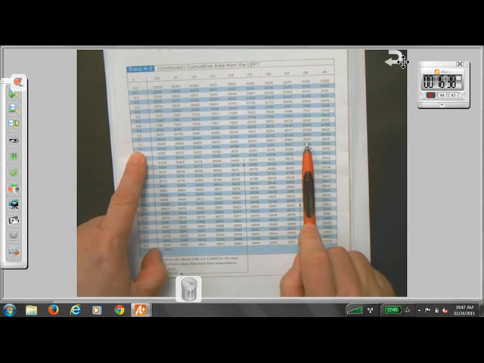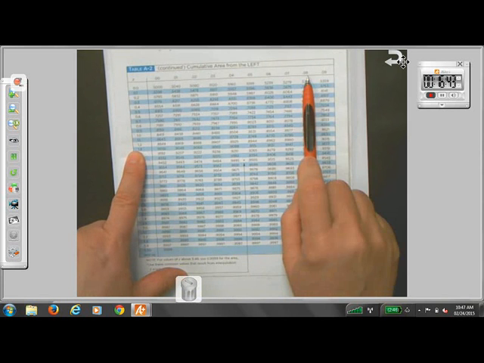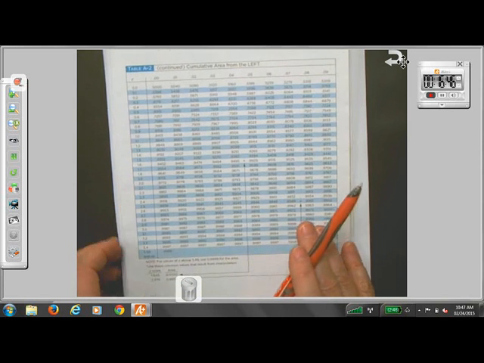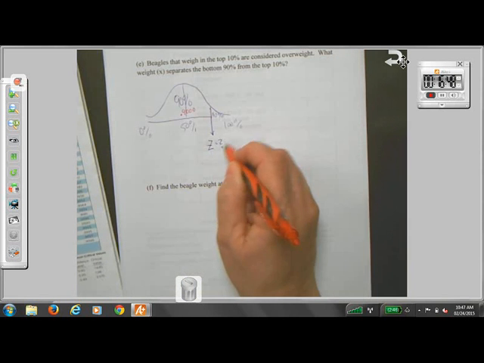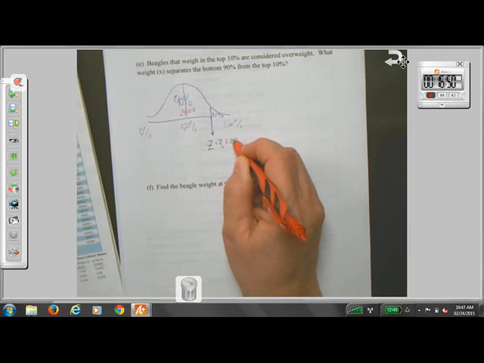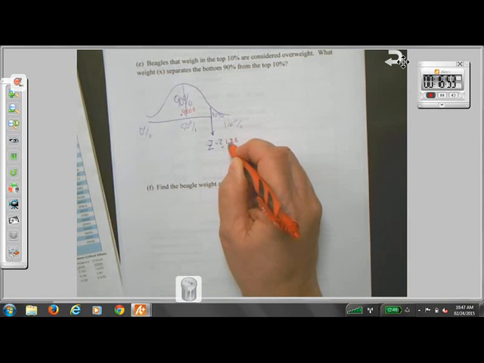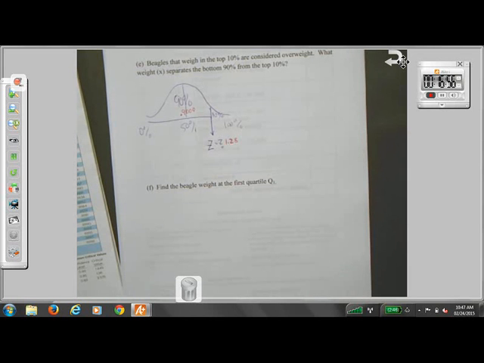So from the 0.8997, which is as close to 0.9000 as we can get, go out to the left and it's 1.2, up to the top it's 0.08, so positive 1.28 is our Z-score. And some of these you're going to learn to recognize, and you'll just know immediately that anything in the top 10% is going to be 1.28. What would the bottom 10% be? Negative 1.28. Again, the perfect symmetry. So the questions will kind of lead you to start understanding those ideas.